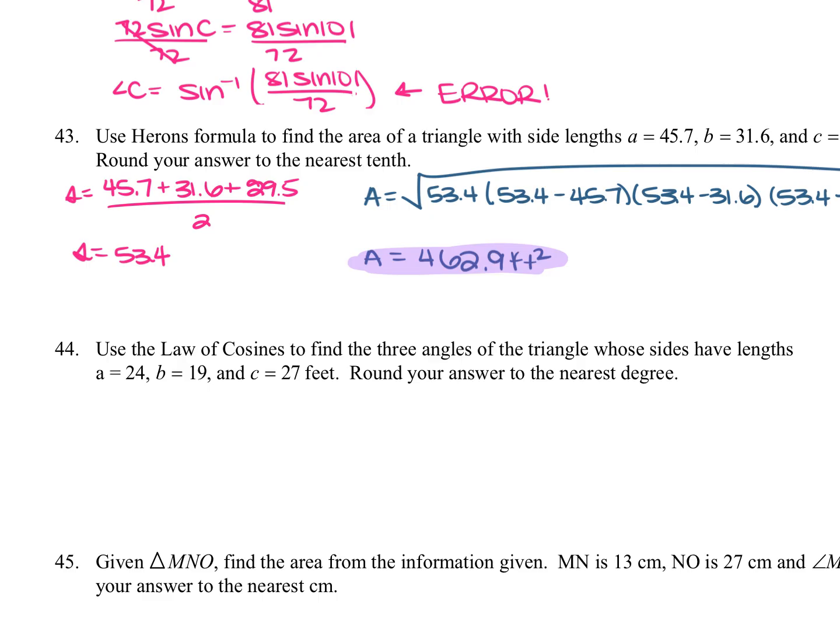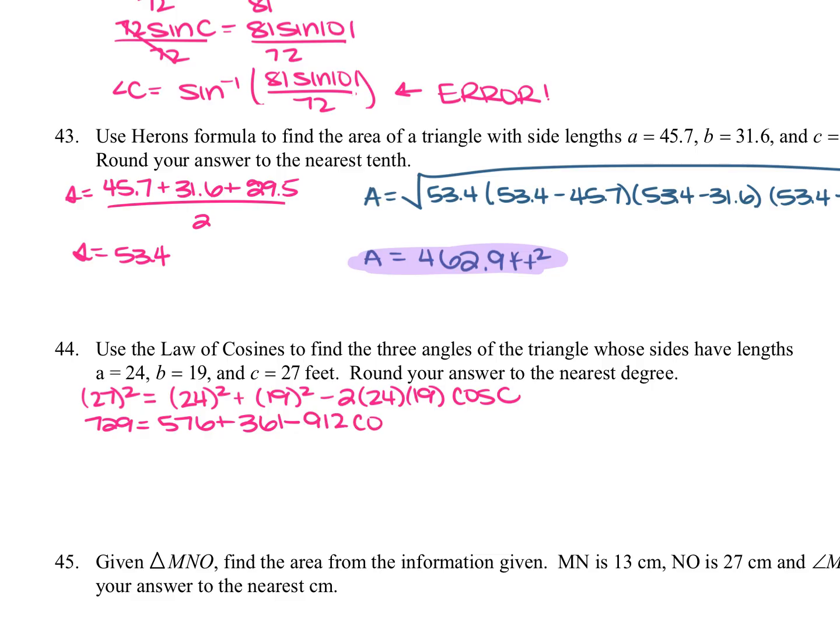So our biggest side length there is C, so we're going to use C squared is equal to A squared plus B squared minus 2 times A times B times the cosine of C. So it's going to give us 27 squared is equal to 24 squared plus 19 squared minus 2 times 24 times 19 times the cosine of C. This is going to simplify to give us 729 is equal to 576 plus 361 minus 912 times the cosine of C. You can add, but you cannot subtract.